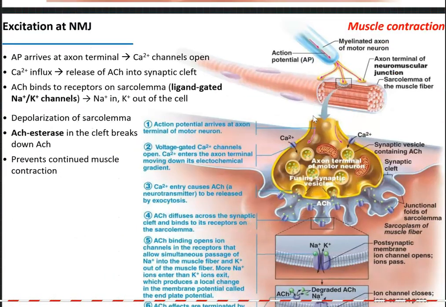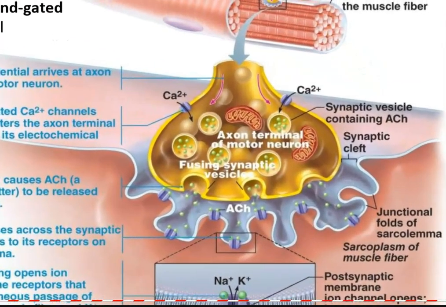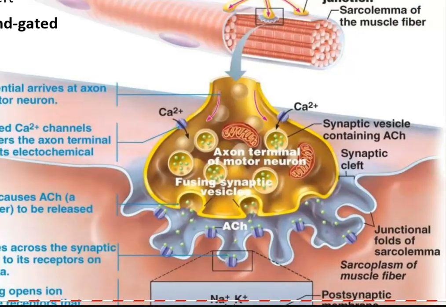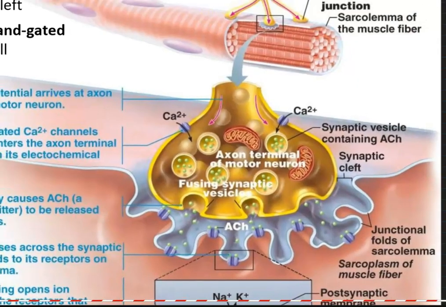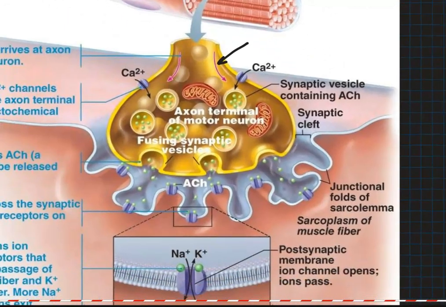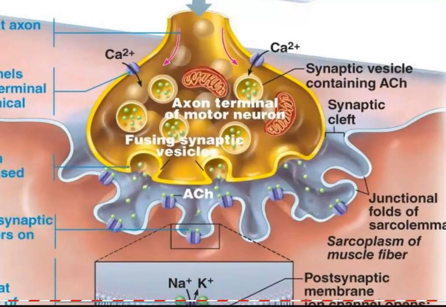So what exactly happens? I'm not going to use the text. You can read it without me. Instead, I'm going to talk about the events at the neuromuscular junction. So first, as we mentioned, action potential arrives at the axonal terminal.